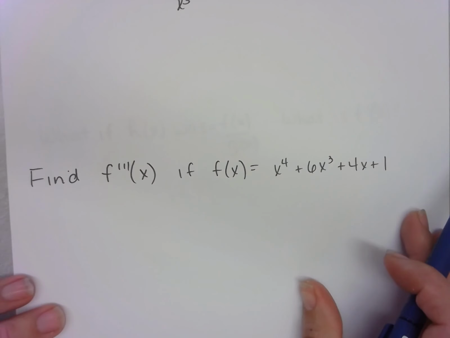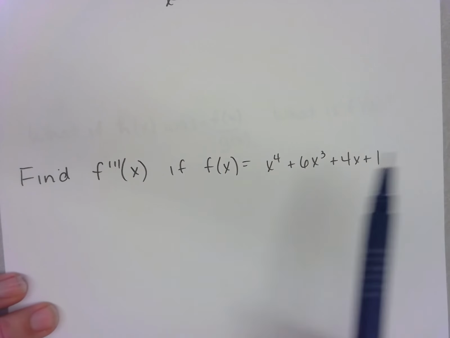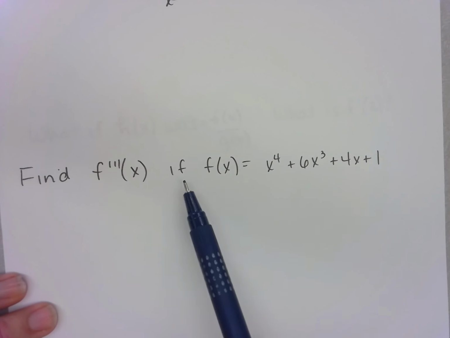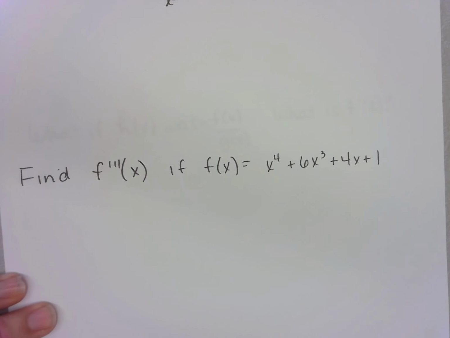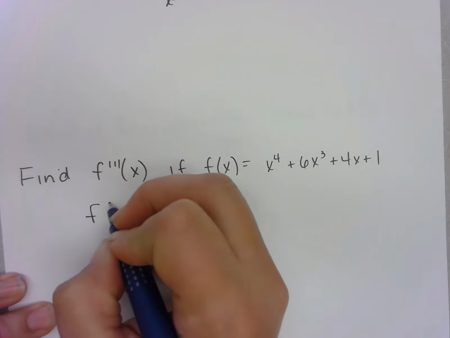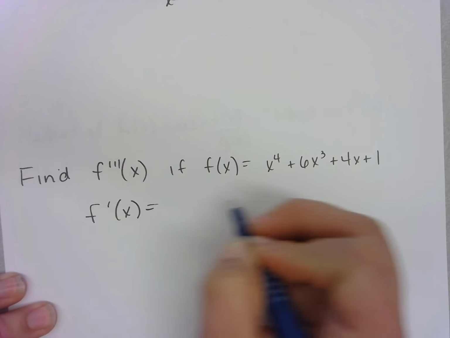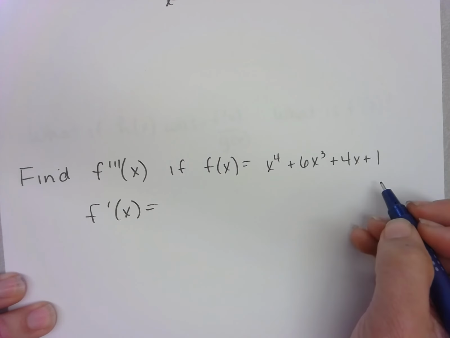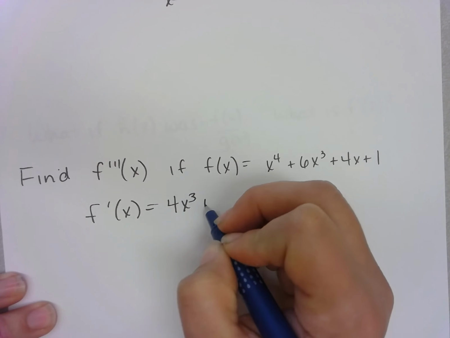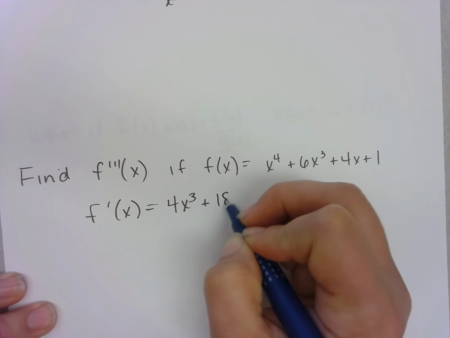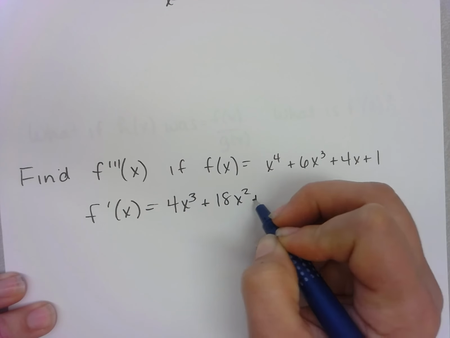Okay, so we're going to do the same thing, this time finding f triple prime of x. If f is this, again, we need to find derivatives 1 and 2 before we can find the third one. So each one is just the derivative of the previous. F prime is, simple power rule, just a nice polynomial here, 4x cubed plus 6 times 3 is 18, x squared plus 4, right?